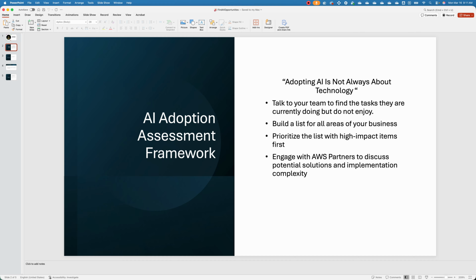So then the next thing is you need to engage AWS partners like me or someone, right, and say, hey, I have this list. These are the items that, if I can get them done by another AI agent or something, I will have a significant impact on my business.